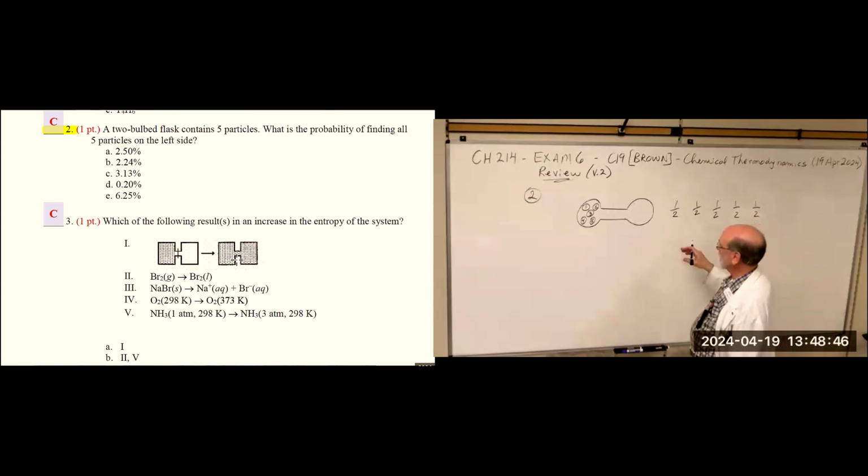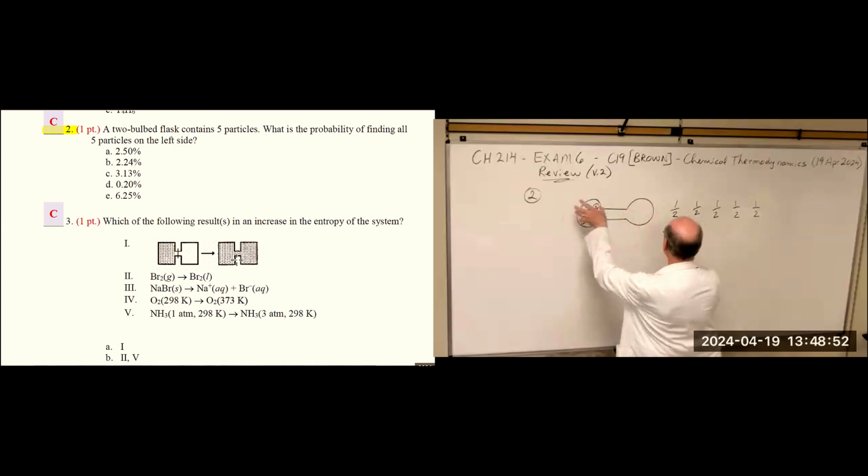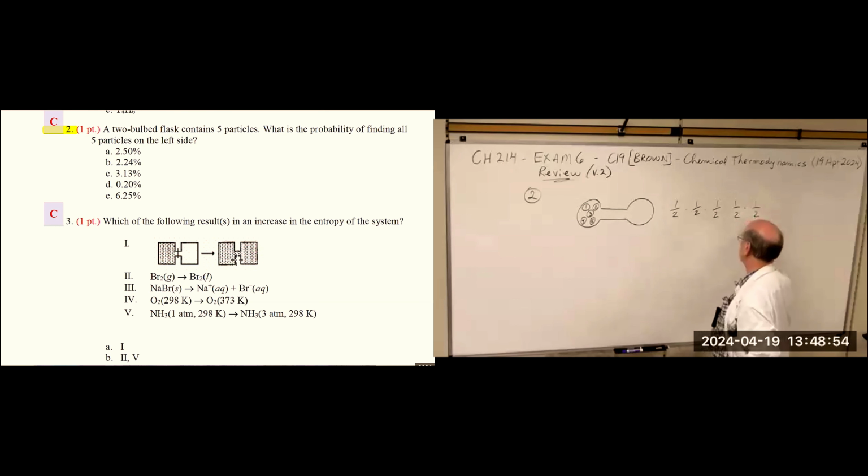So the probability of finding one is 1/2. Probability then of finding the other one is another 1/2. So it's 2, let's see, 1, 2, 3, 4, 5. It's 2 to the 5th power. 2, 4, 8, 16, 32. So the probability is 1/32. Or, where's my calculator?